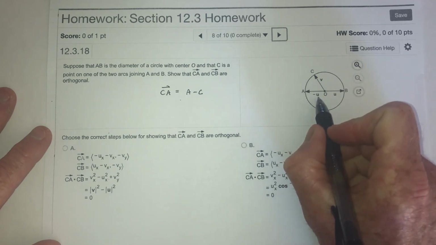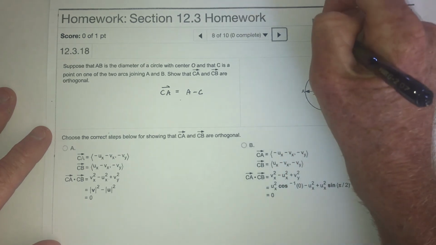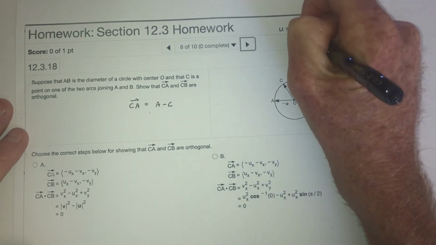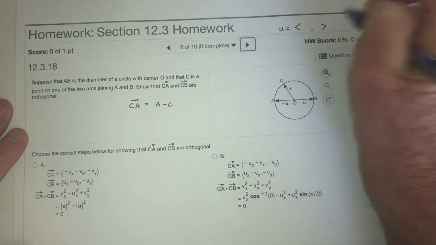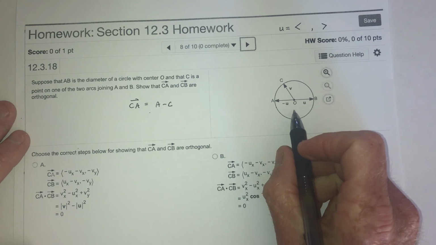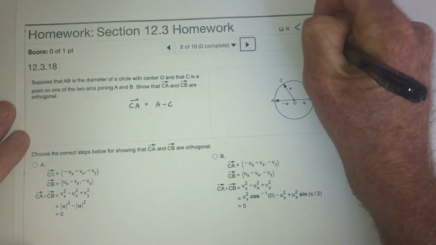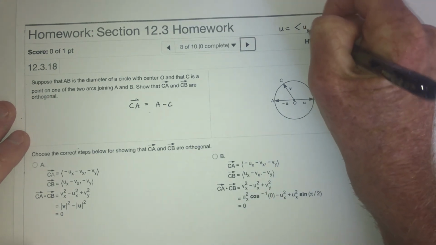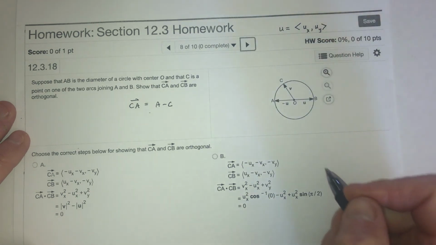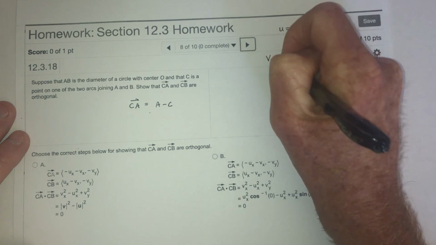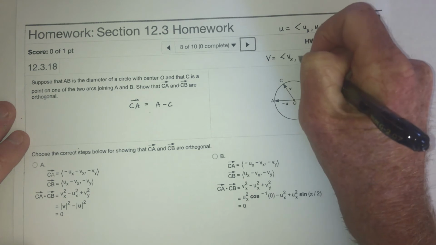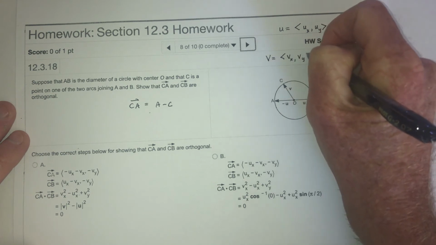So U is a vector. What, comma, what? Well, there are no numbers on here, so I can't put it as a number. So I'll call it U's x component and U's y component. Likewise, for V, it would be V's x component and V's y component.